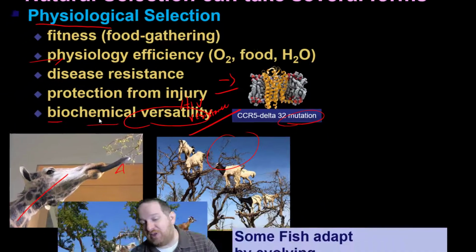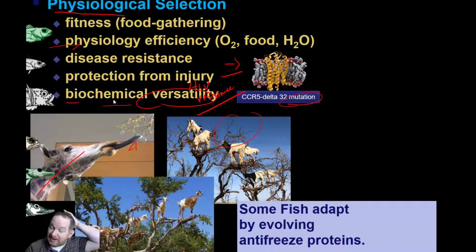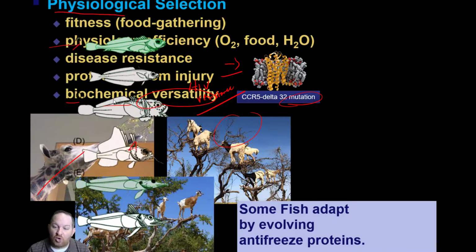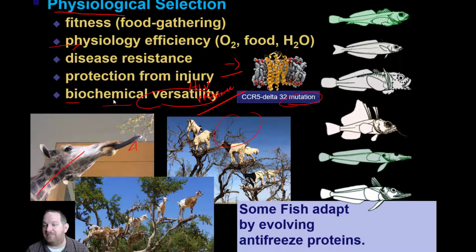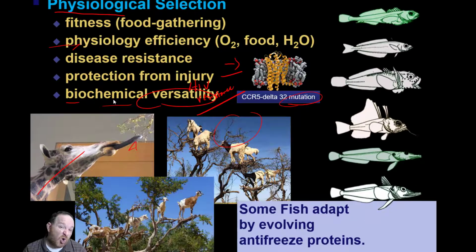The example I want to give you is that some fish have adapted to very cold environments by evolving antifreeze proteins. If you think about fish that live in really cold water, how do they survive? Well, some of them have evolved these antifreeze proteins. Here's an example of one. It has a hydrophobic face on one side and a hydrophilic face on the other.